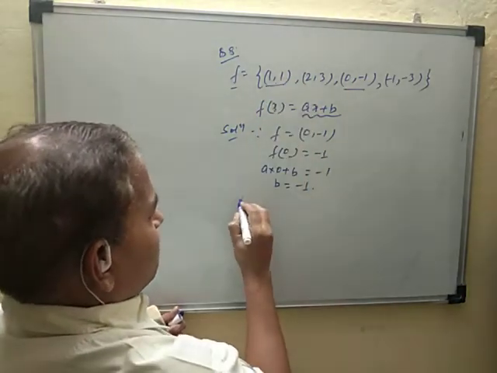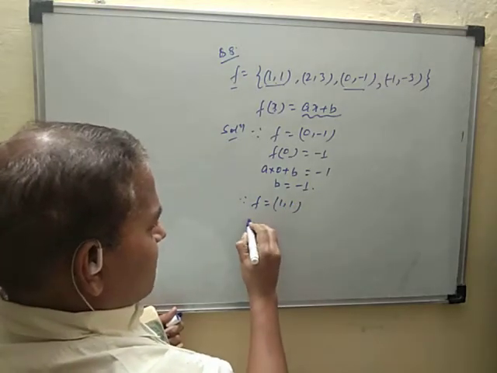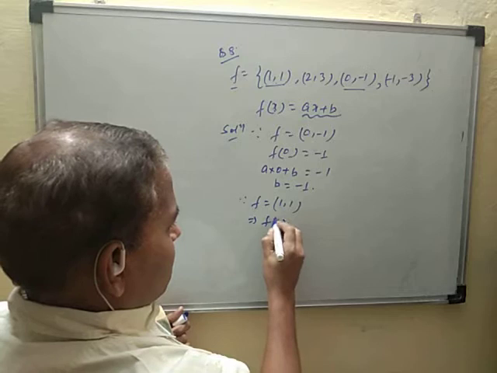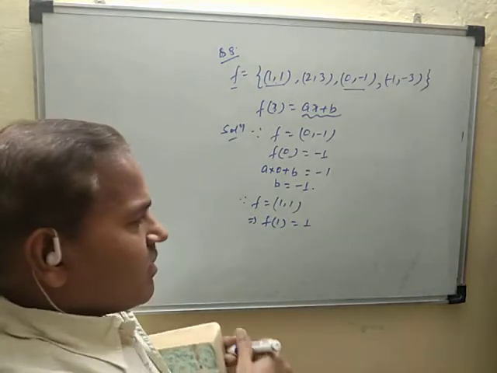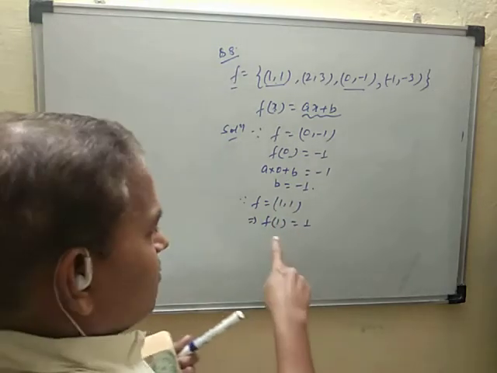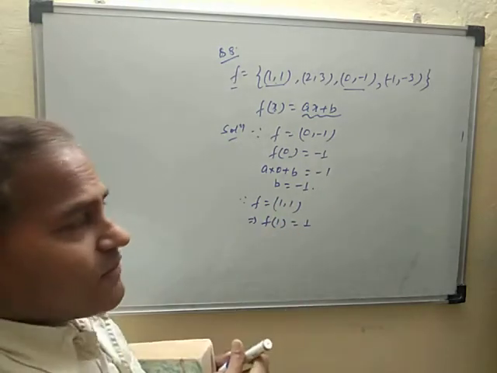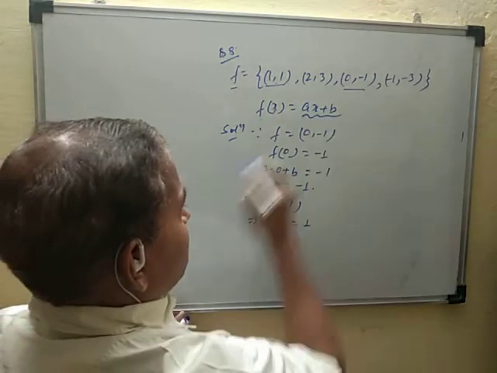Now take another value, you can take any of these four. Since f contains (1,1), this implies f of 1 is equal to 1. So now put the value for f of 1, that is put 1 in place of x.